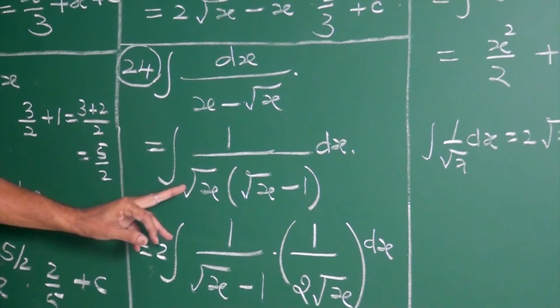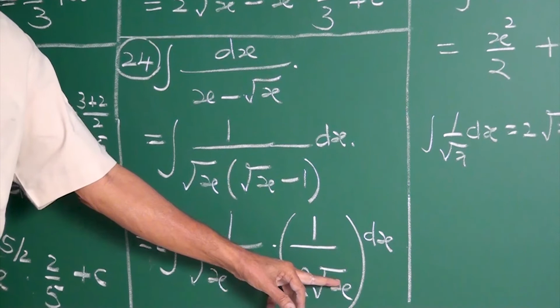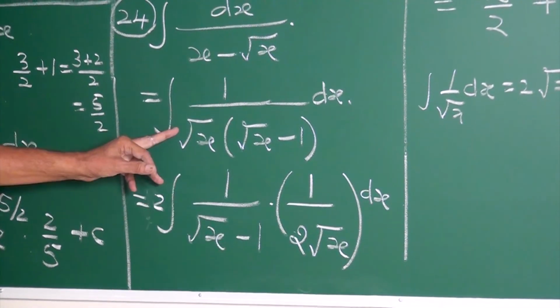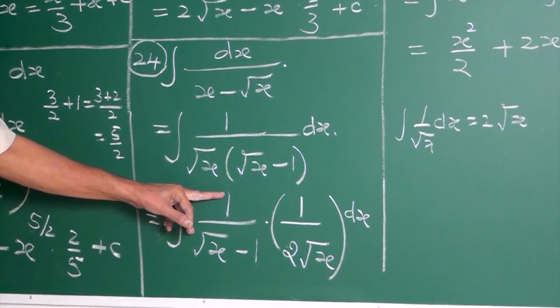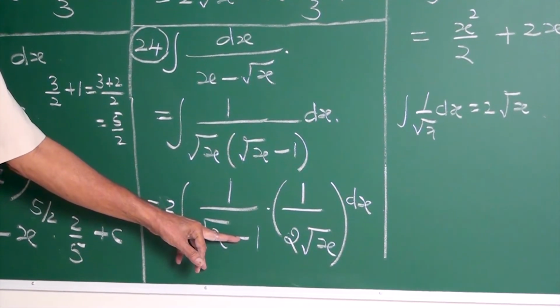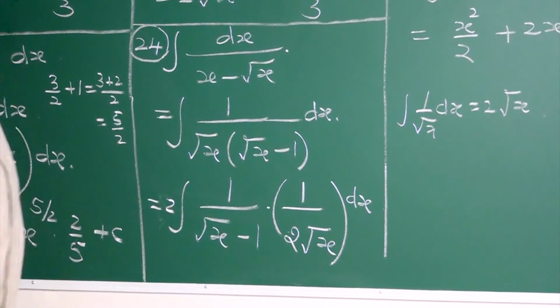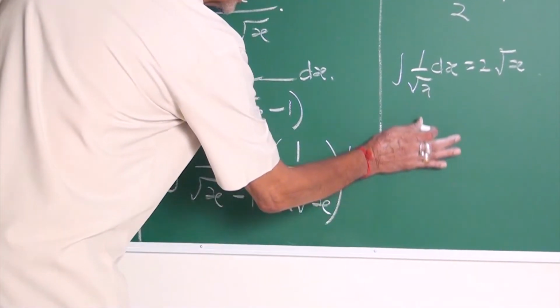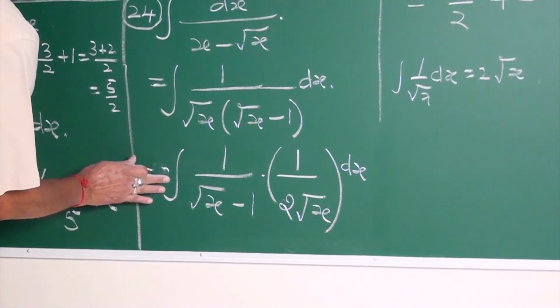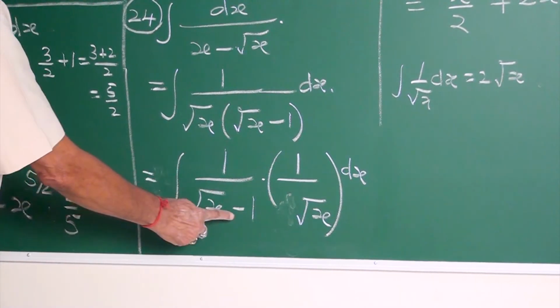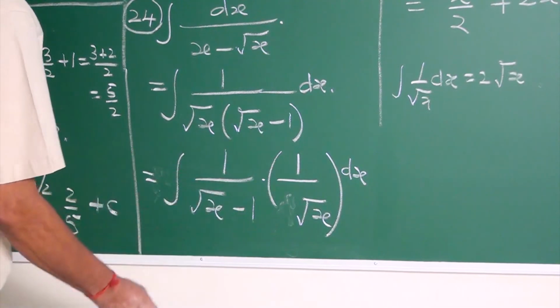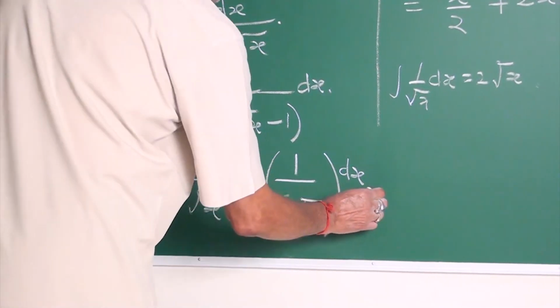Now, what is the derivative of root x? 1 by 2 root x. This 2 is not here, so that is just up. It is 2 into 1 upon root x minus 1. If you wanted, I write one more step here. I write this as 1 by root x minus 1 into 1 by root x. Now, what is the derivative of this?